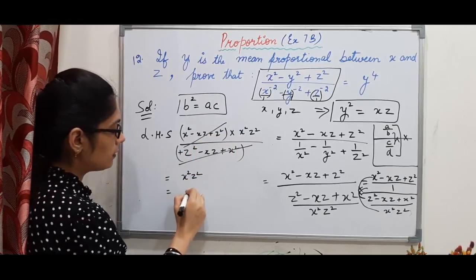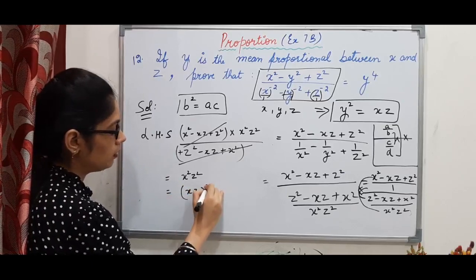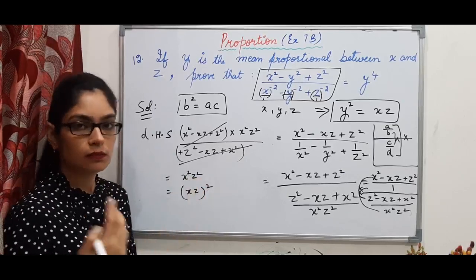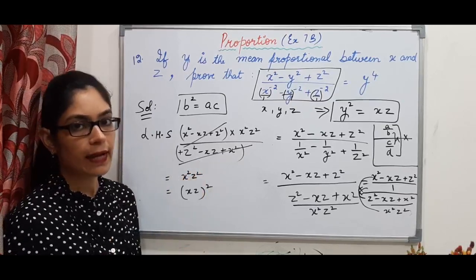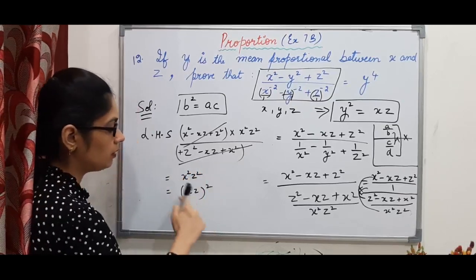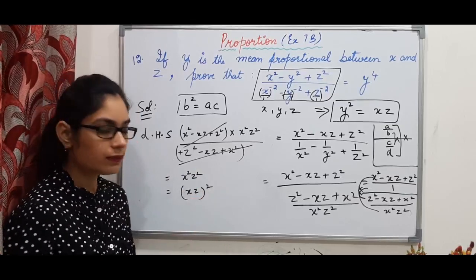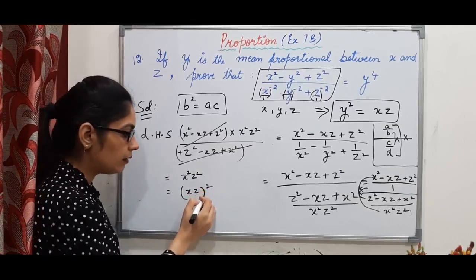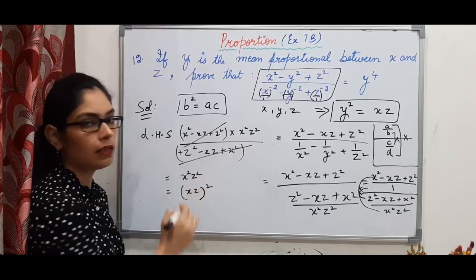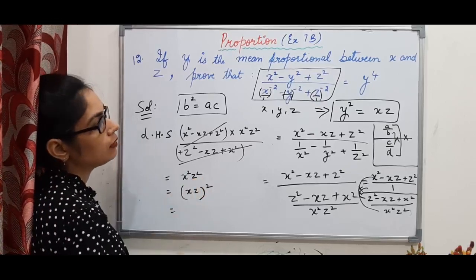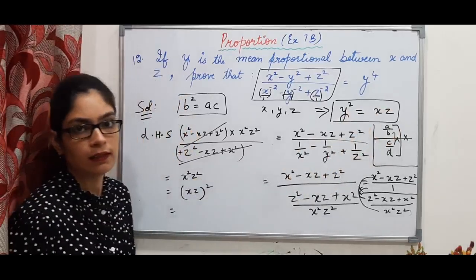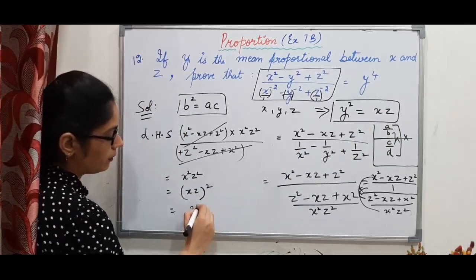I can write it as xz whole square, because the power is 2 for x also and for z also. So instead of writing it 2 times, I have just written it a single time. The meaning is the same. If I write it outside the bracket, that means it is getting multiplied by both; this is the power for both. xz, what is the value of xz? xz is y square.